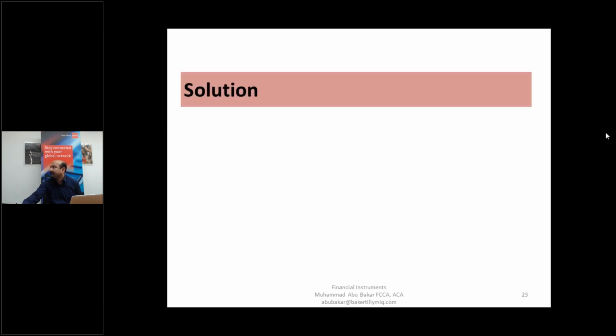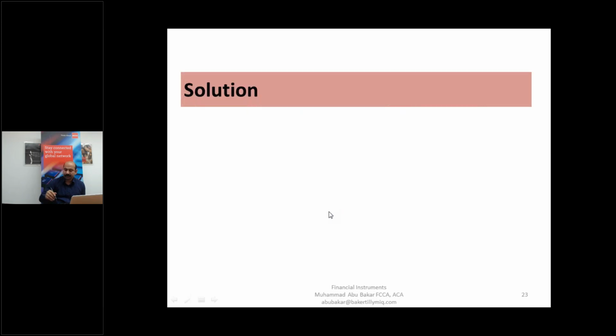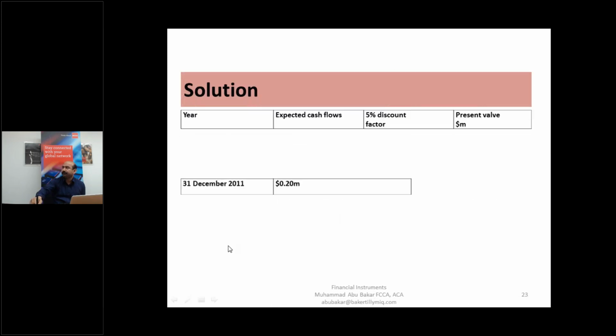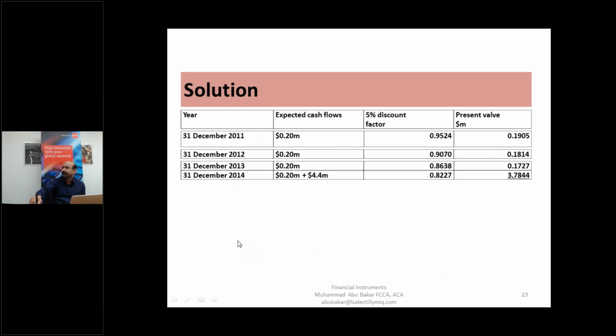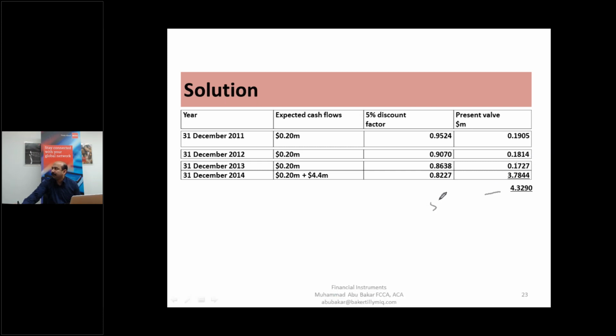So the difference between 4.329 and the 5 million will become your impairment loss.